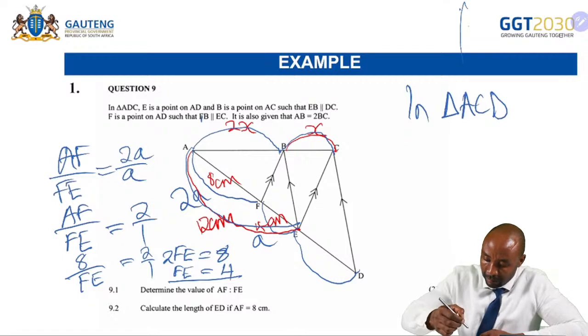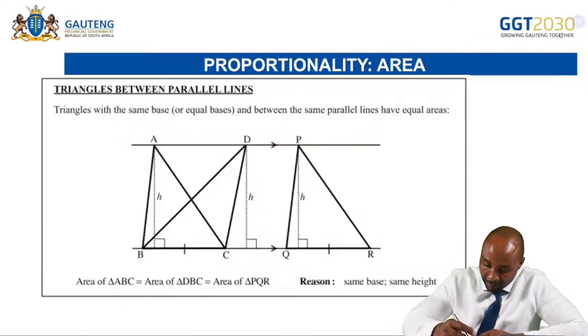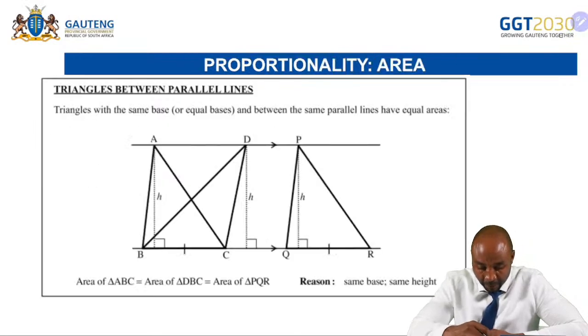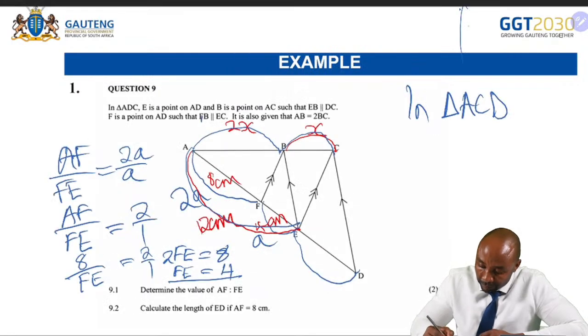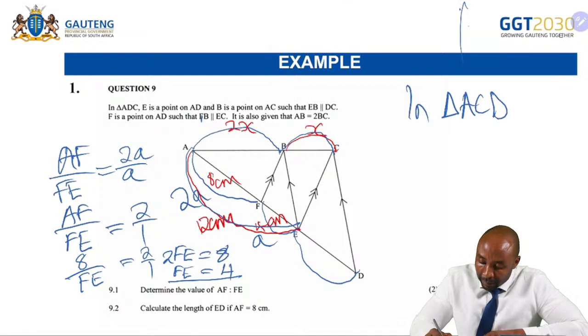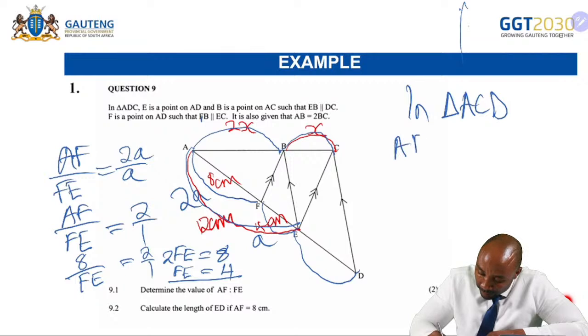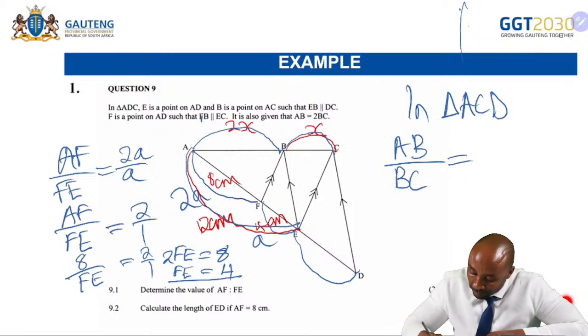So let's continue. You realize that my AB over my BC will be equal to my AE over my ED.